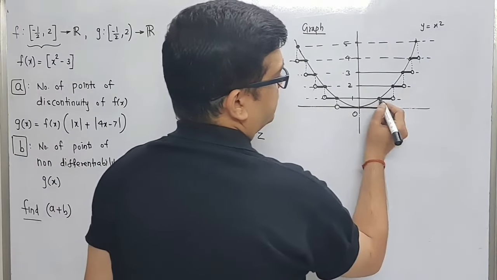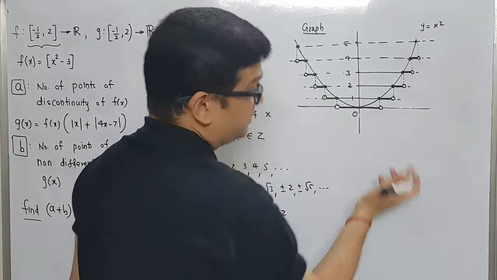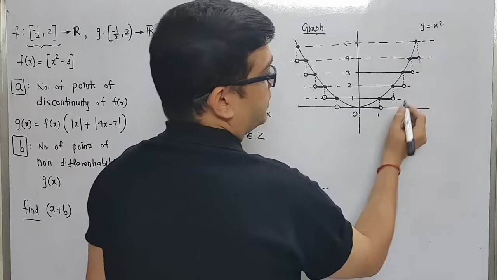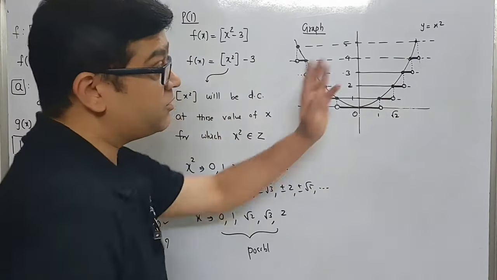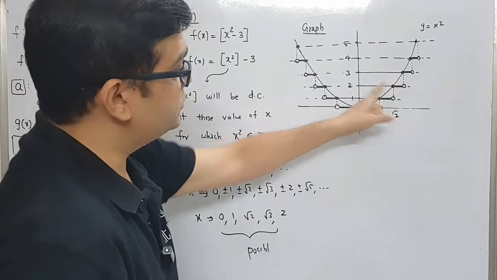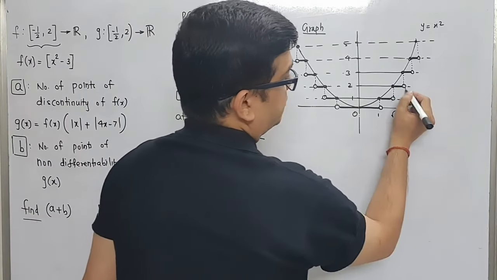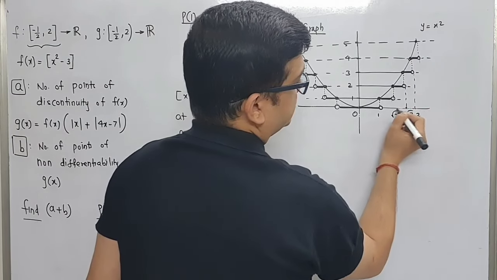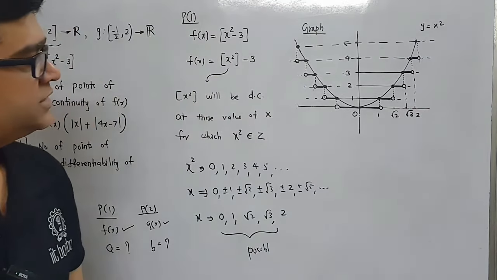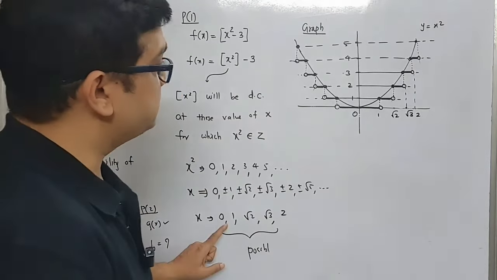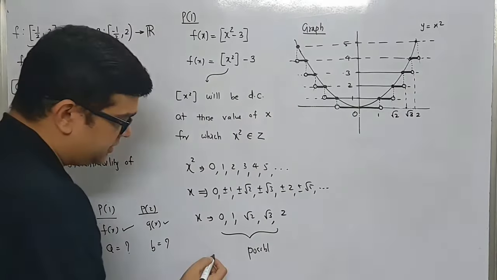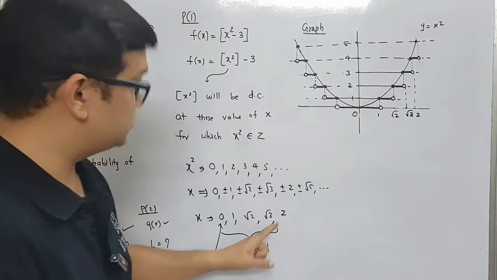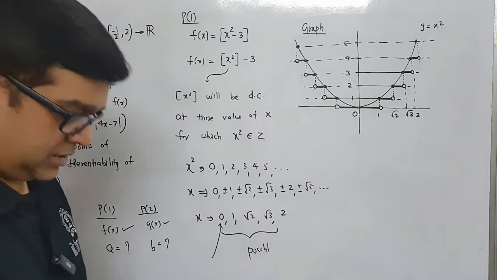What is this point? This point is y equal to x square, so x equals 1, and here x equals 2. So whenever x is root 2, then y is 2. Now you can see the function is continuous at 0, but at 1 it is discontinuous, at root 2 it is discontinuous, at root 3 it is discontinuous, at 2 it is discontinuous.